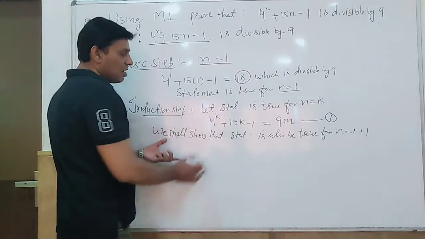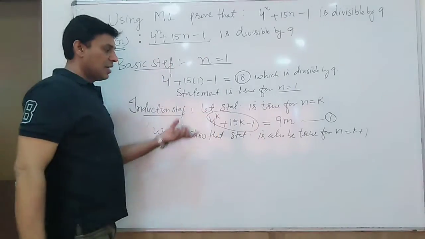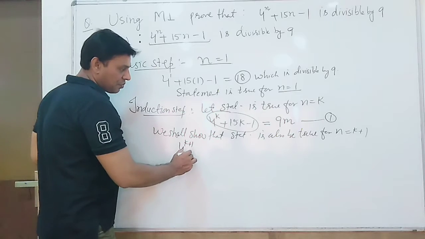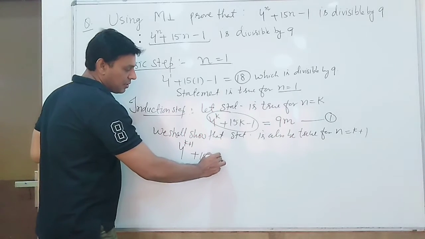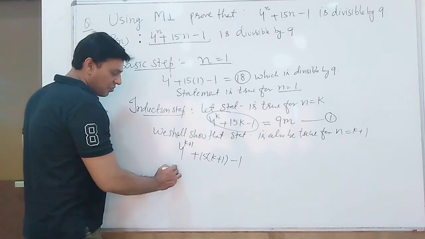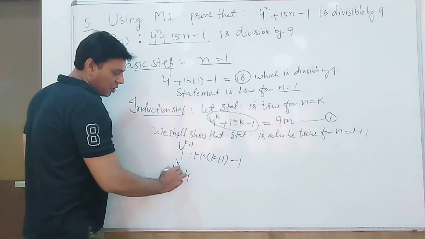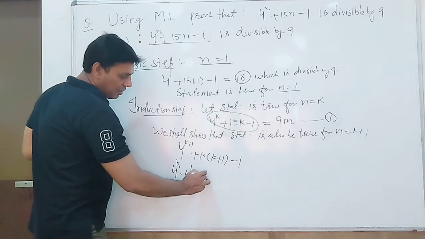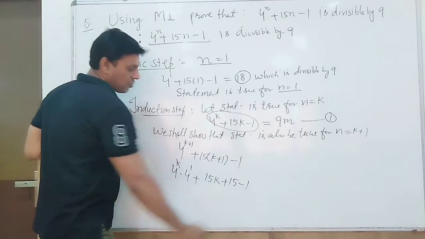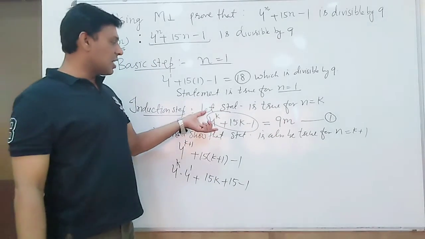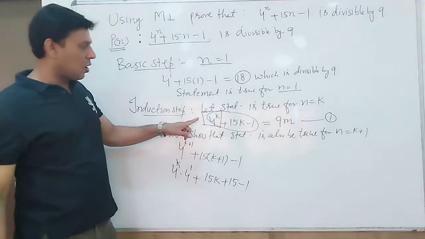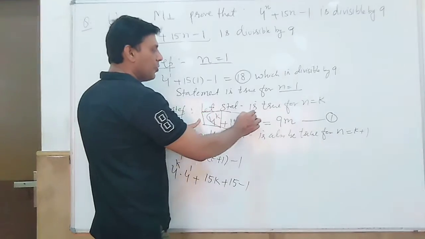For k plus 1, first of all I will write the value: 4 to the power k plus 1 plus 15 times k plus 1 minus 1. I can write this as 4 to the power k into 4 to the power 1, then 15k, then plus 15 and minus 1. Now because result 1 is true, I can find the value of 4 to the power k from the first result. I am showing you here.